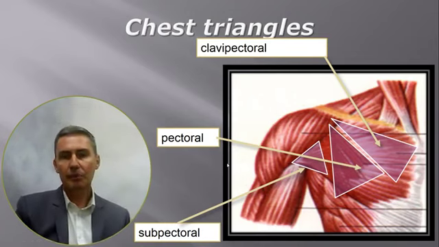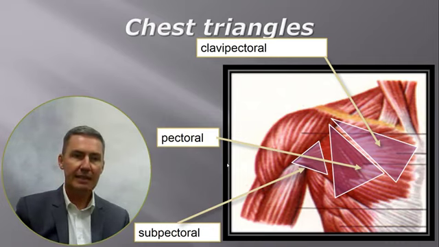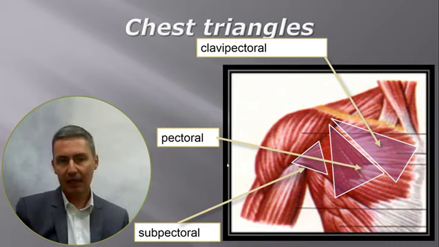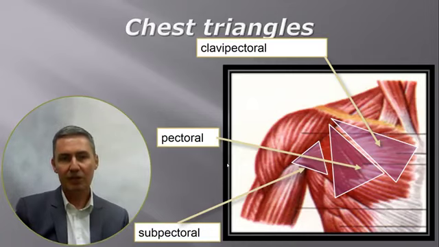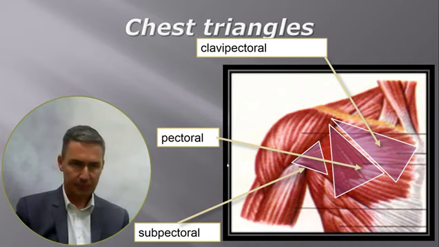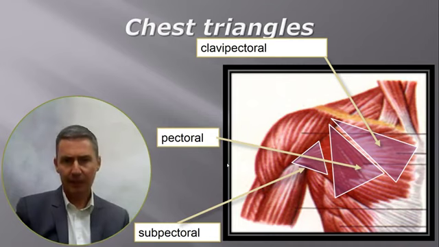One more topographical formation which is related to the chest is the axillary cavity and also the axillary fossa. It's in between the chest and the upper limb, because it is related to the shoulder girdle and also to the thoracic region.